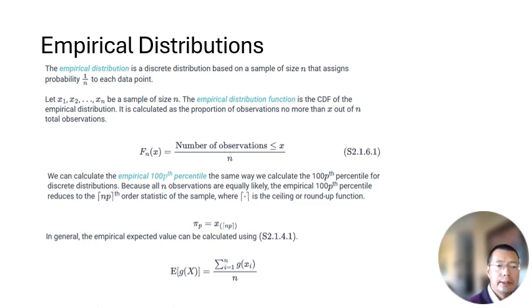We can calculate the empirical 100pth percentile the same way we calculate the 100pth percentile for a discrete distribution. Because all m observations are equally likely, the empirical 100pth percentile reduces to the mpth order statistic of the sample.